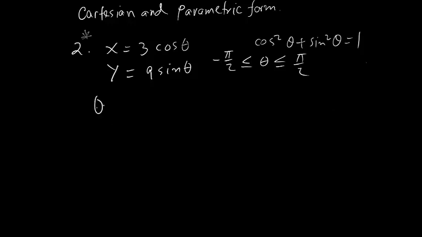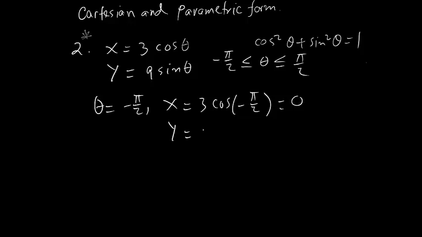We just see that if theta is negative pi over 2, then my x will be 3 cosine negative pi over 2. And we know that cosine pi by 2 is 0, so this one is 0. And then y will be 9 sine negative pi over 2. So you get negative 9.